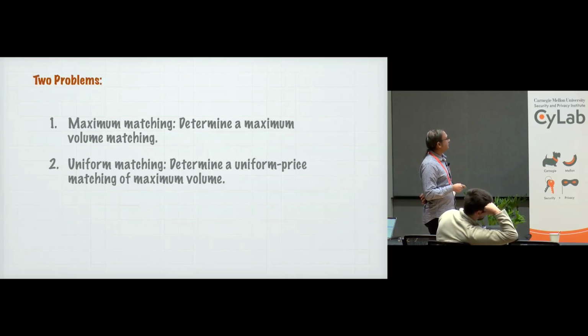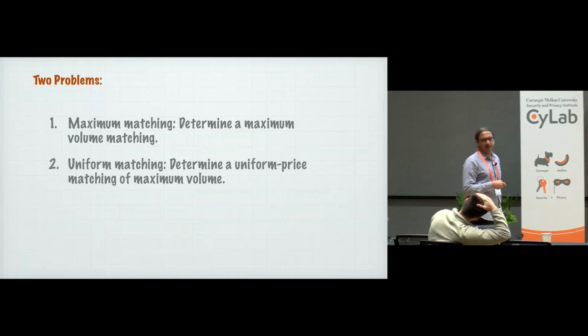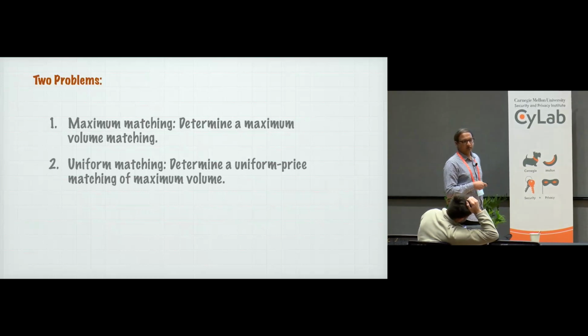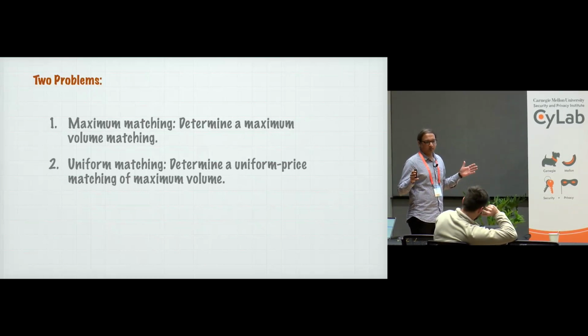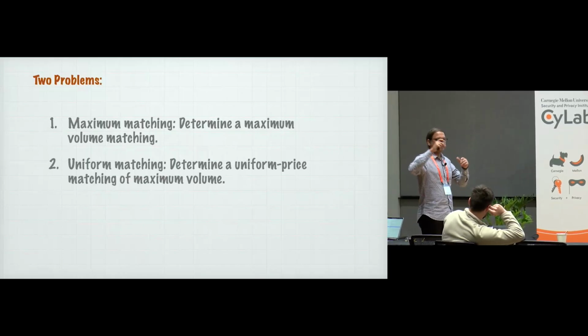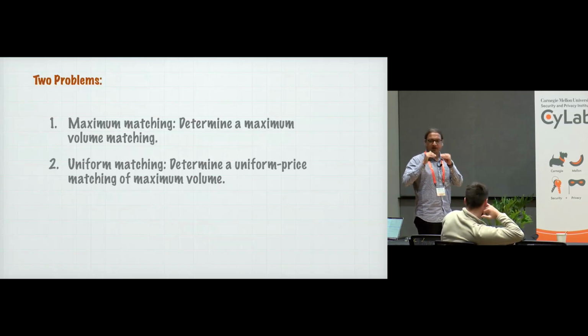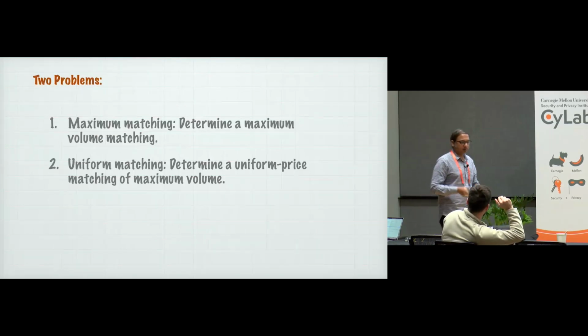And the second objective is determine a maximum volume matching subject to the additional constraint that all transaction prices have to be identical, okay? So one is unconstrained maximum volume matching, where different transactions can have different transaction prices. And one is a maximum volume matching, where every transaction should have the same transaction price.